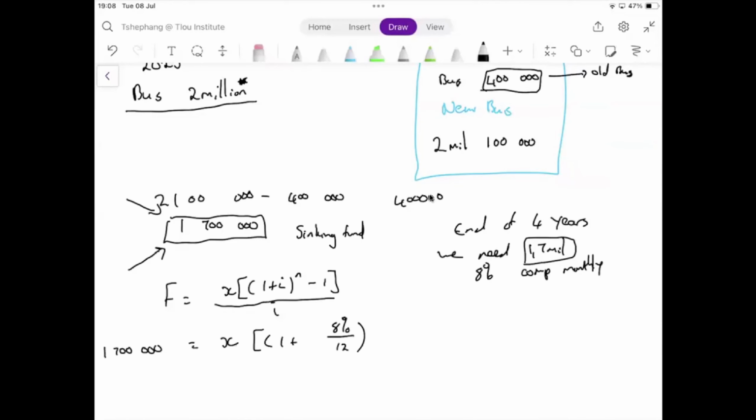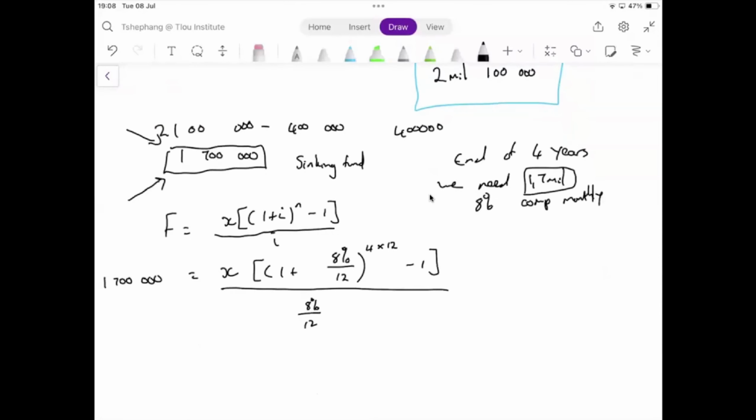How many years? 4 years, and every single month. That's why now we are saying times 12, minus 1, over 8% over 12. Everyone with me?